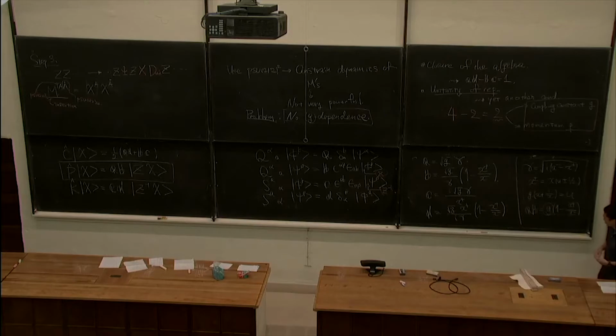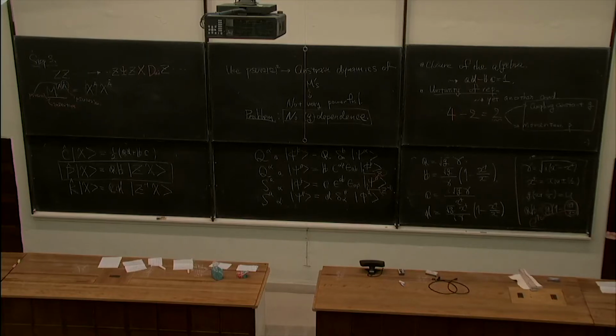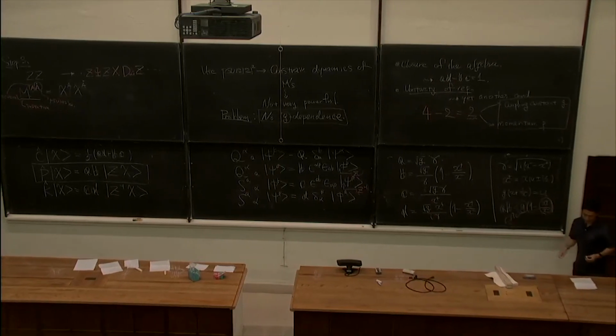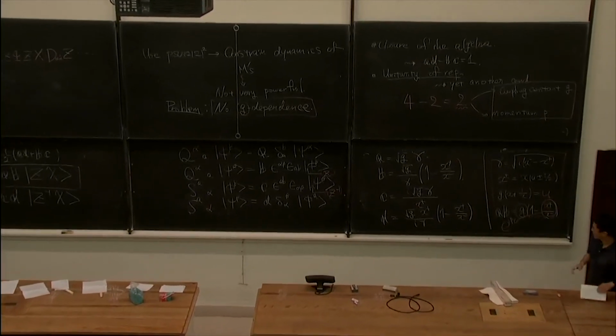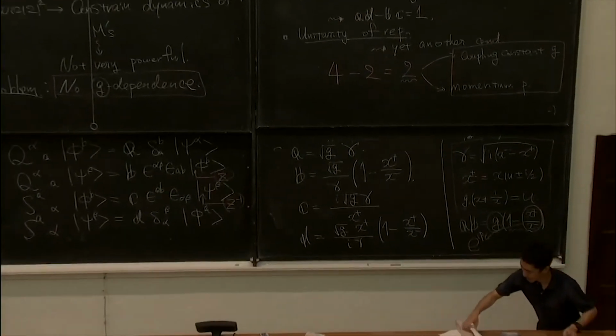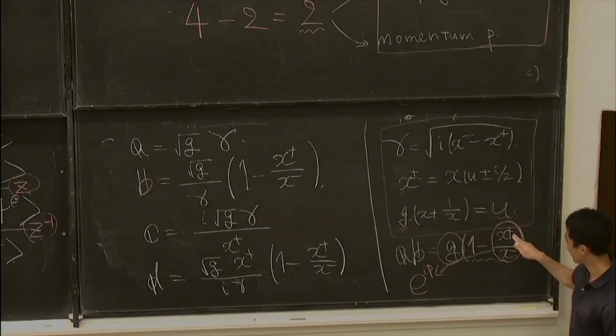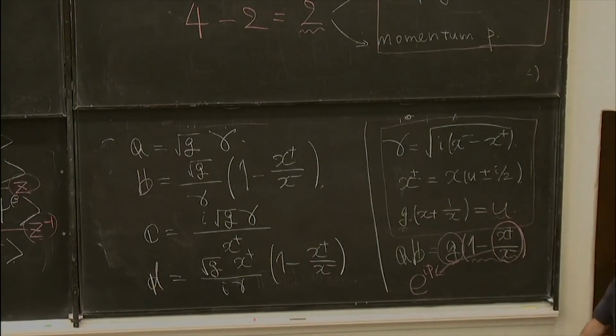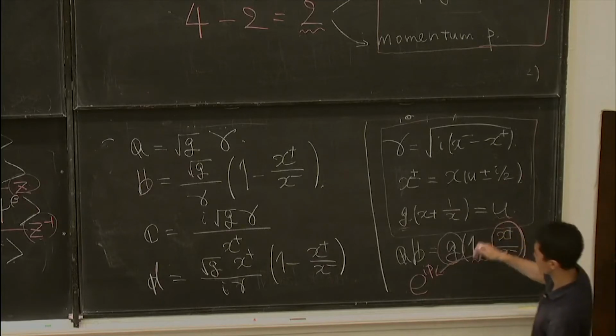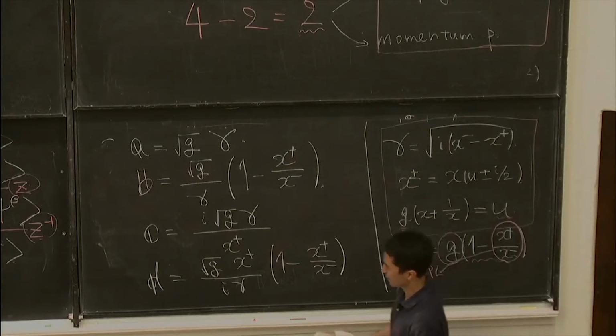If you interpret this guy to be e to the ip, then this action looks like translation. And basically, this is telling us that in this parameterization, I should interpret x plus over x minus as momentum.